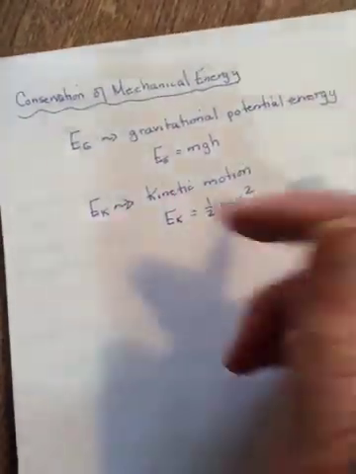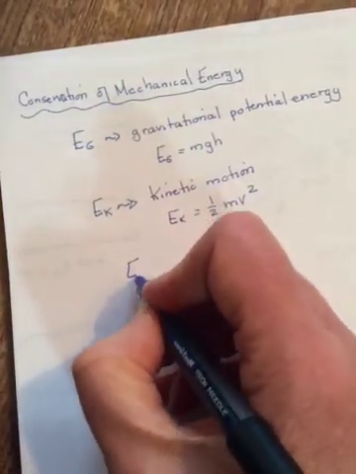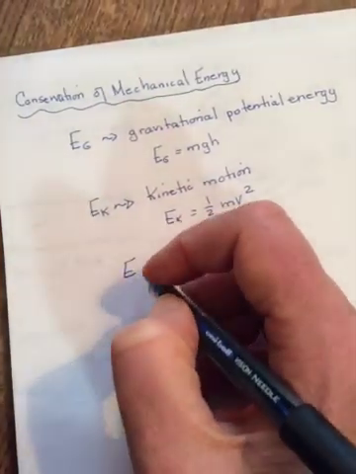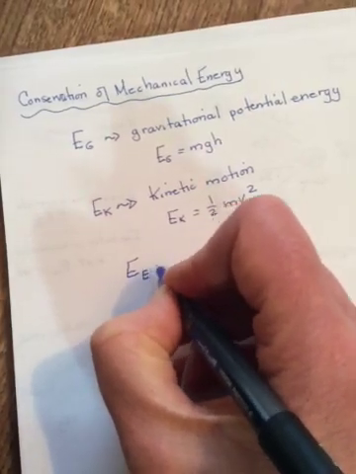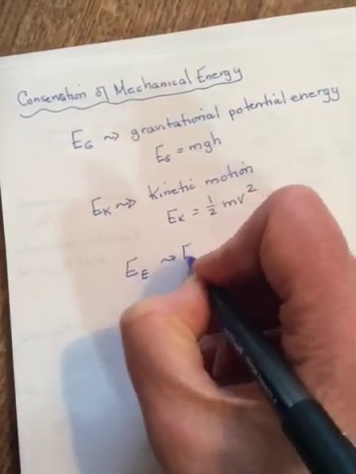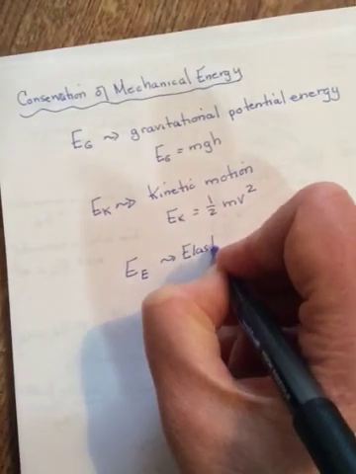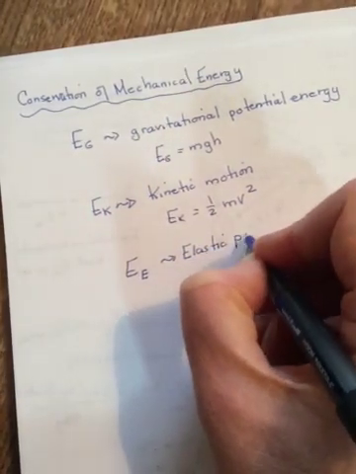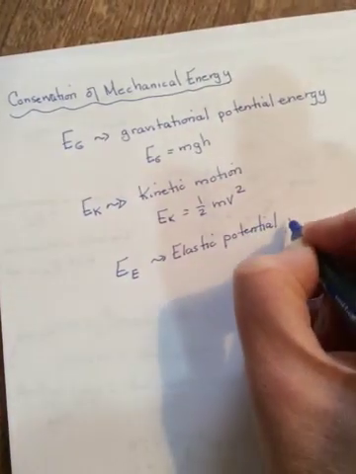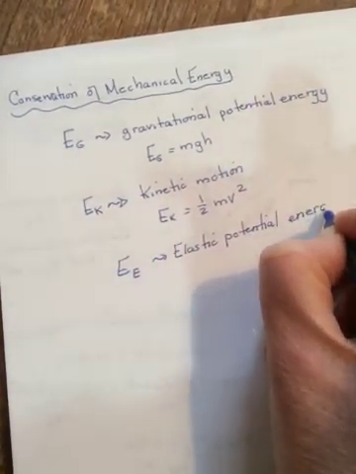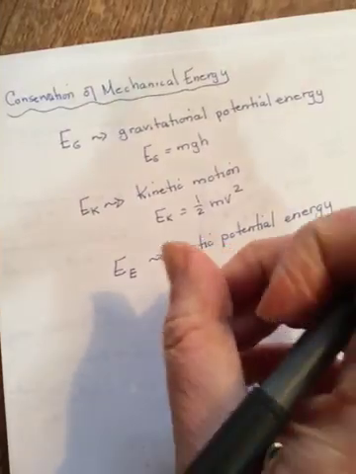And then the third type of energy that we used last year was the energy found in springs and things that stretch. It's EE, and it's called elastic potential energy. Again, it's a potential energy because if you stretch it and then release it, it's going to spring back together.